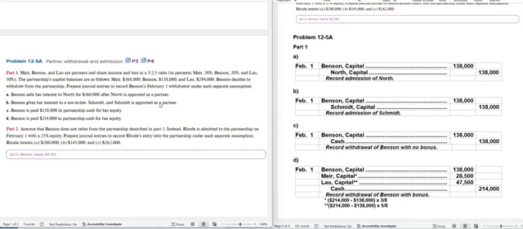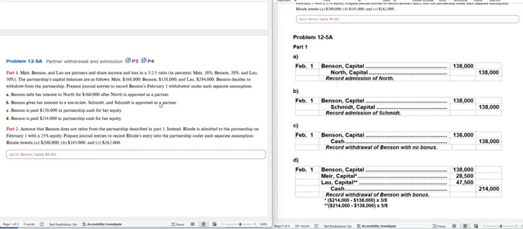So that $160,000 that North is paying Benson is not the partnership paying North. That is North taking his own personal cash out of his personal bank account and paying Benson. All of that cash changing hands has nothing to do with the business's cash.